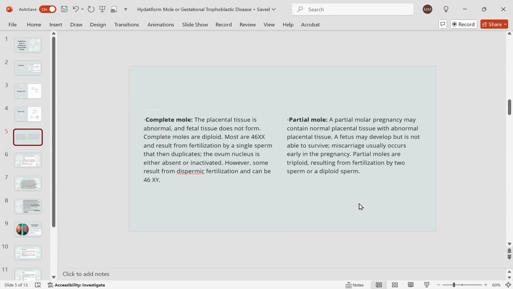And partial molars are triploid, which means two sperm, or a two-headed sperm, which is even worse, a diploid sperm, goes and fertilizes an egg. So from the very moment of fertilization, it's not right. And it's like the body knows it's not right. So that one usually results in a miscarriage spontaneously. The body's like, this baby's not right. We have to get rid of this and start over. So that's the difference between a complete mole and a partial mole.